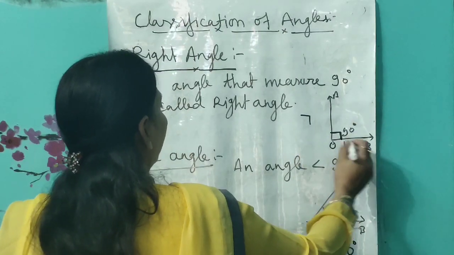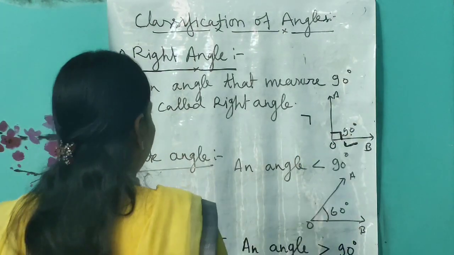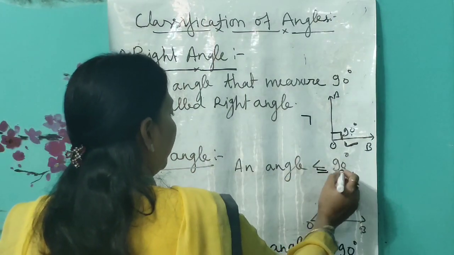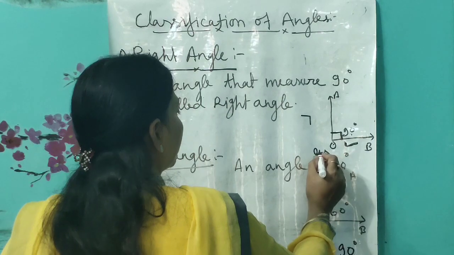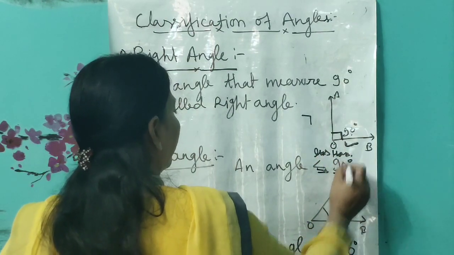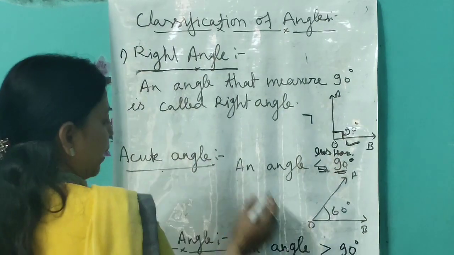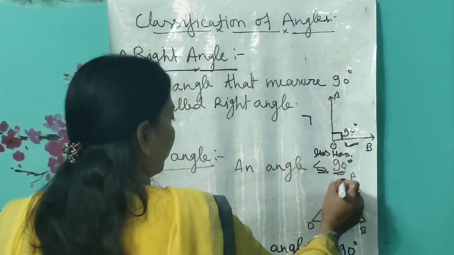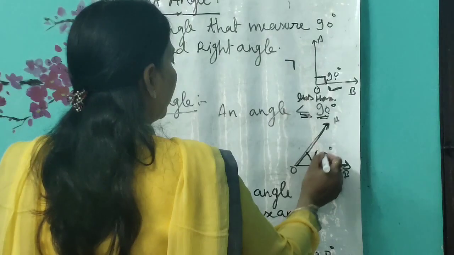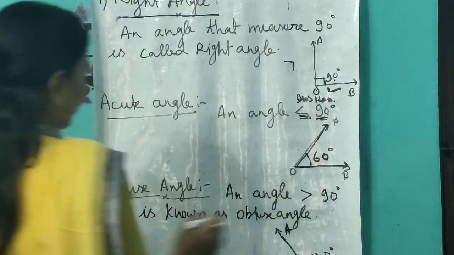When an angle is less than 90 degrees, the symbol for less than, then it is known as an acute angle. Here you can see this is 60 degrees. 60 degrees is less than 90, so it is an acute angle.